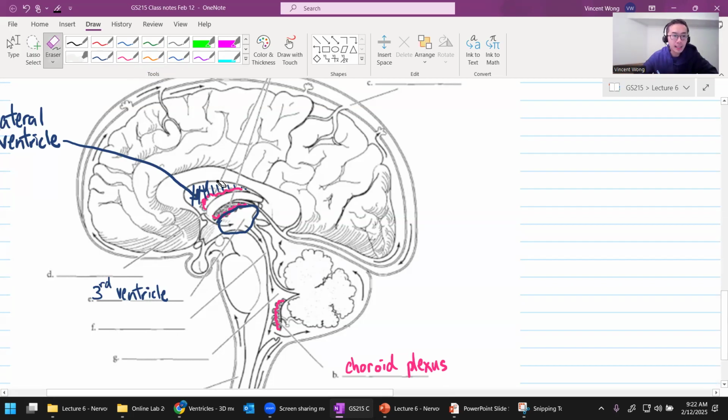And connecting the lateral ventricle with the third ventricle is this tiny opening, a tiny hole. By now, hopefully you remember, it is the interventricular foramen. Foramen is a hole.